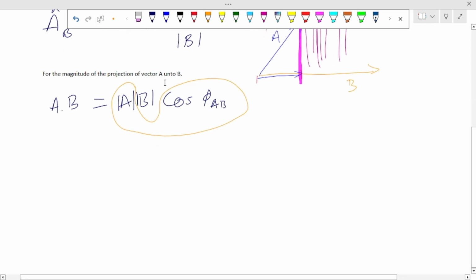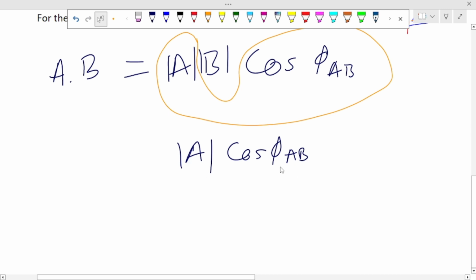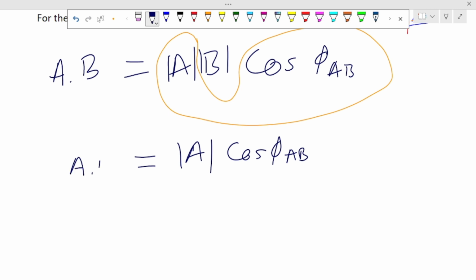So we are going to divide both sides by B, so that we have this at one side, because A cos phi AB is regarded as the magnitude of the projection of A onto B. So this will now be A dot B, and being that we divide, B will come down here, and that will be this.